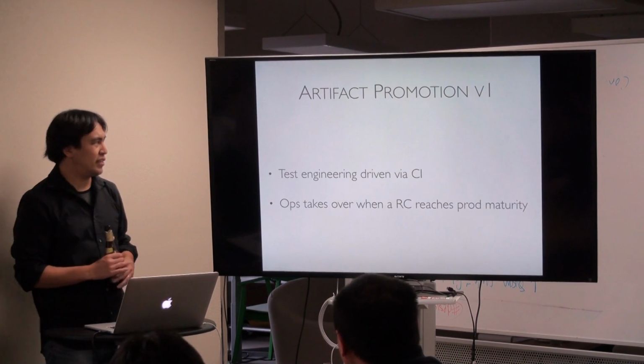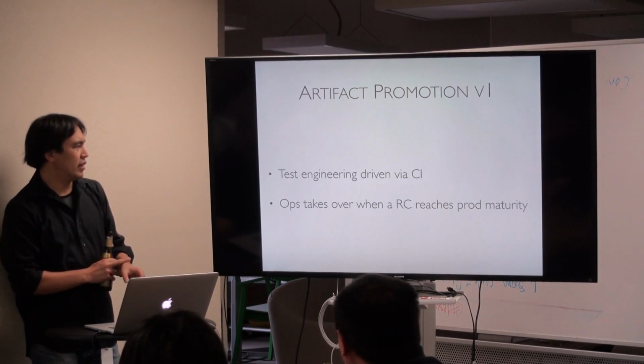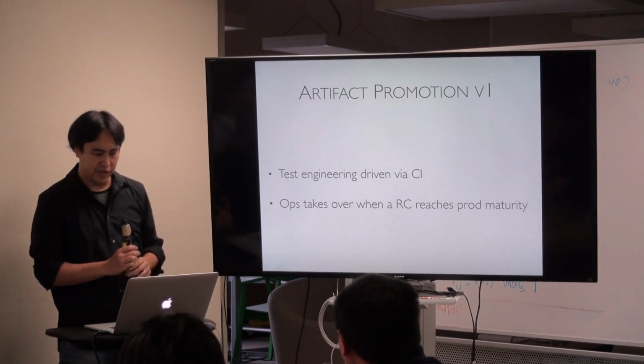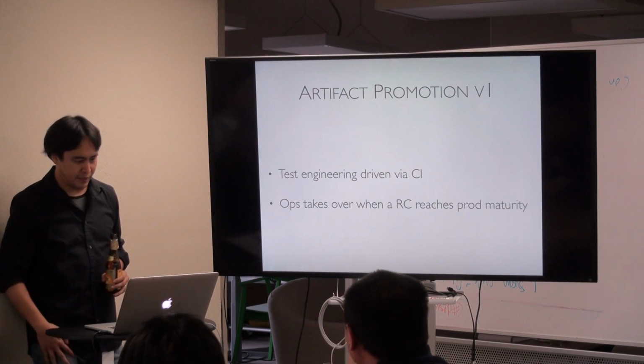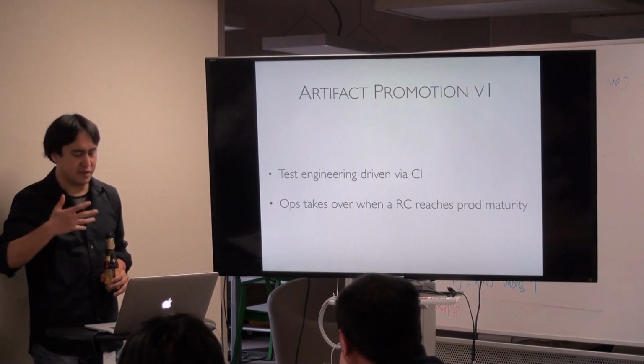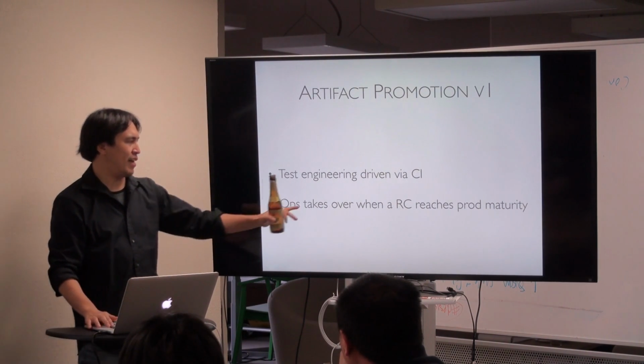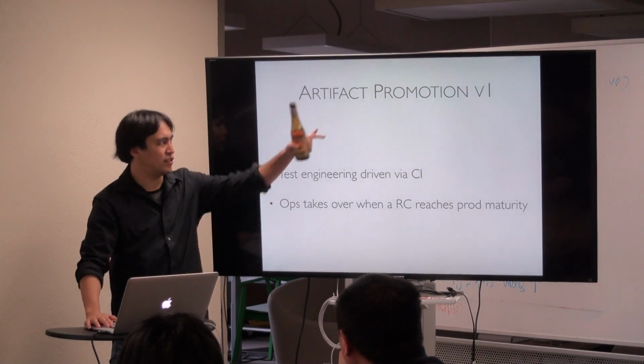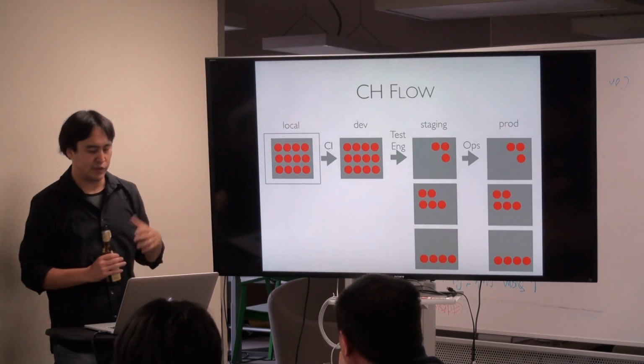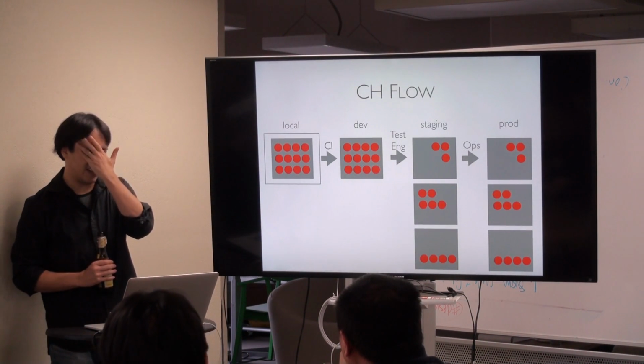Artifact promotion. When we say artifacts, we're basically talking about containers. The way it works for us is that continuous integration does the initial build and promotes it to the dev environment, and after that we use operations. This is our V1. This is what we're doing now, and it's definitely not going to be like this forever.